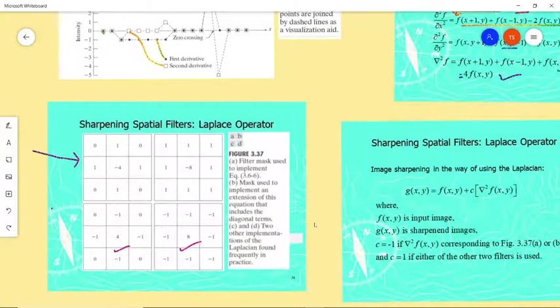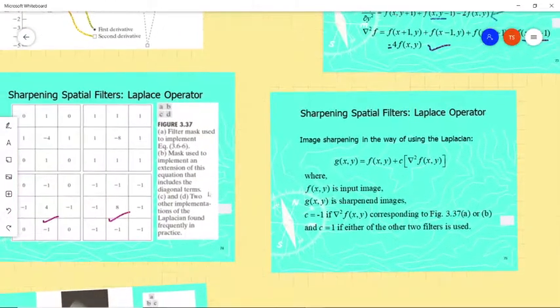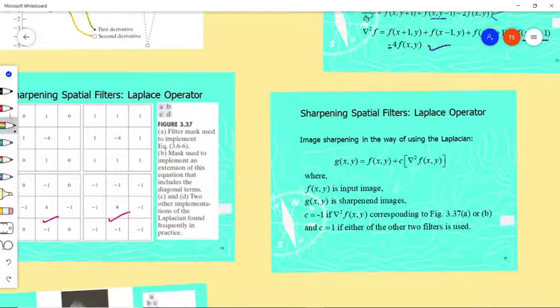Then, how do we sharpen with the spatial filter using the Laplace operator? The sharpening of the image using the Laplacian is g of x comma y, the output image, equal to f of x comma y, the input image, plus some constant value c times dou square of f of x comma y, meaning the second order derivative of f of x comma y.